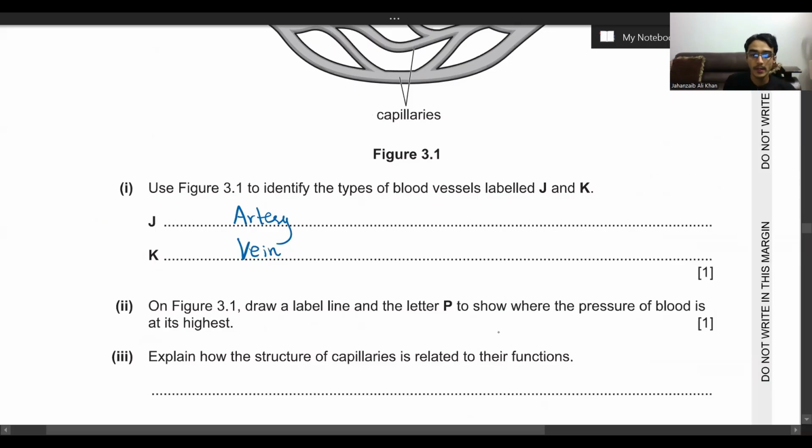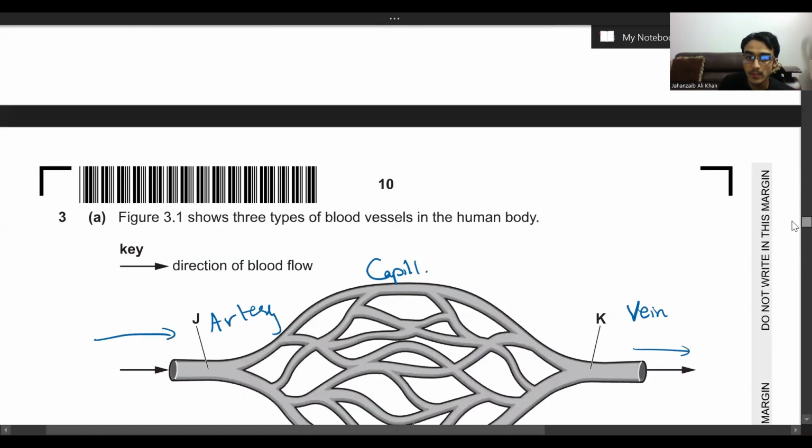At which point is the pressure highest? We have to draw a labeled line. After going through the capillaries, the pressure is certainly going to fall, because it breaks up into all those tiny streams, and when they combine, the venous blood pressure is definitely going to be lower. But it is higher in the artery.